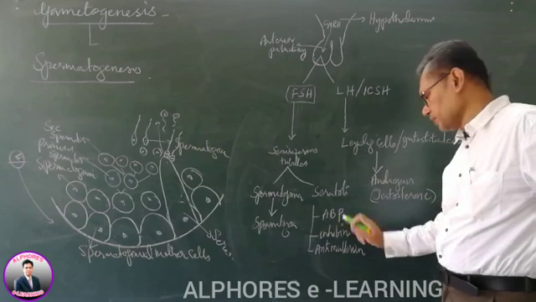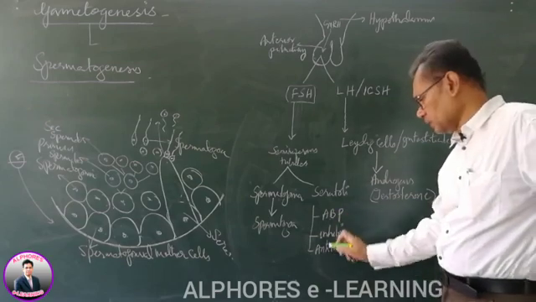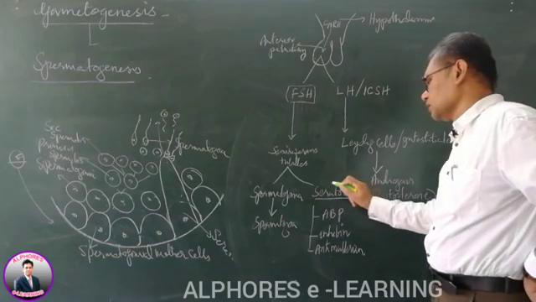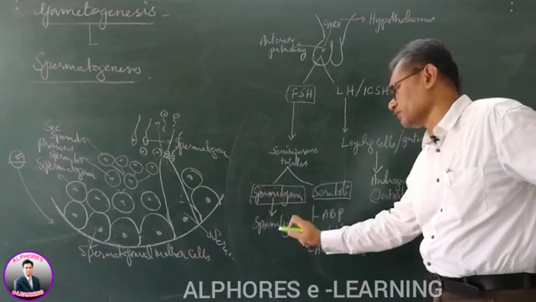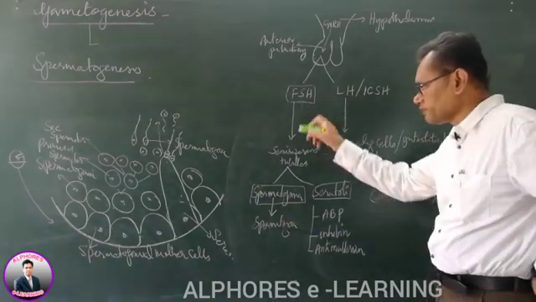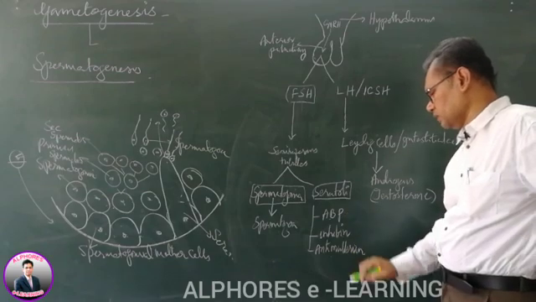Androgen binding protein, inhibin, anti-Mullerian hormone are produced by Sertoli cells. The spermatogonia undergo spermatogenesis to form spermatozoa under the influence of FSH. Now Sertoli cells produce ABP, inhibin, and anti-Mullerian hormone.